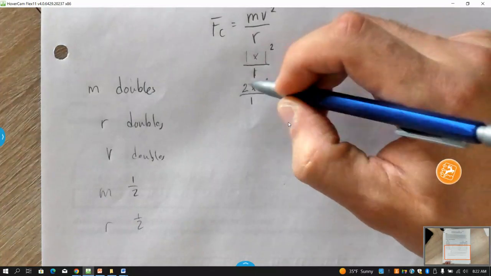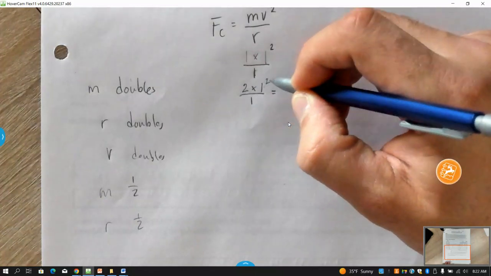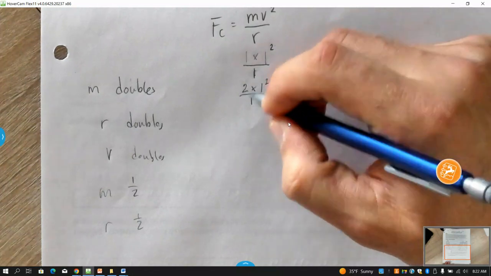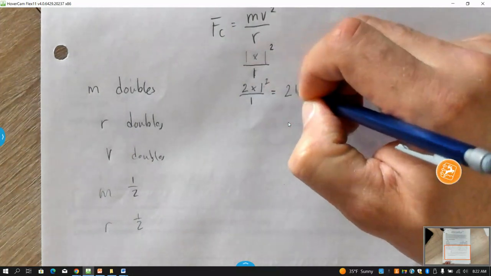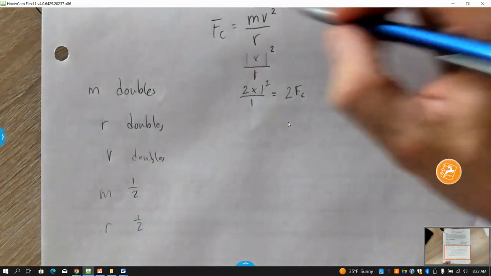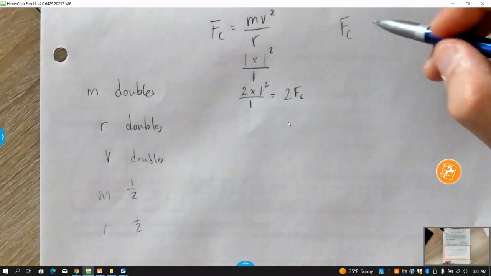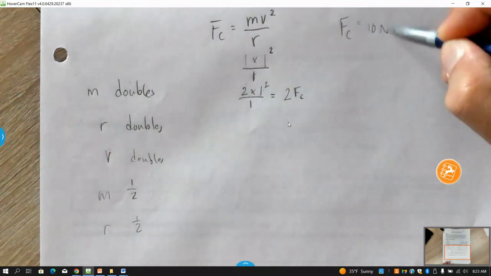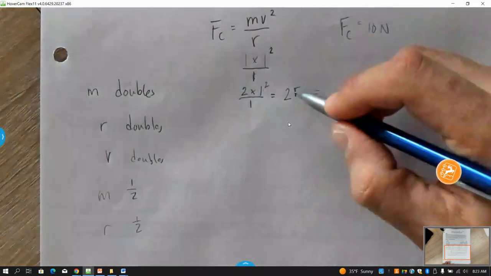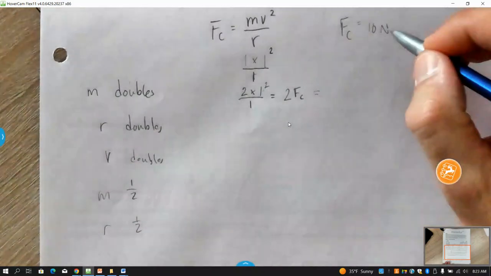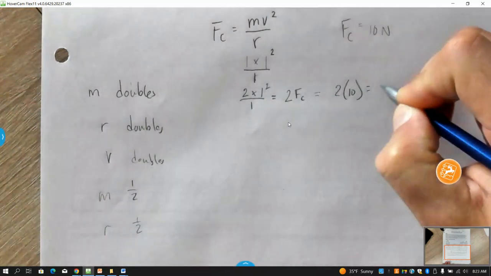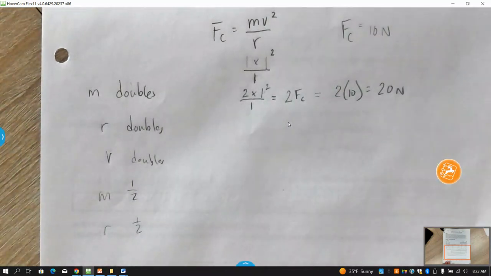Then you just work this math out. 1 squared is 1, and 2 times 1 is 2. 2 divided by 1 is 2 times the original centripetal force. Now, in that problem, they said the centripetal force was originally 10 newtons and the mass doubles. What would the new force be? You just substitute in 10 for Fc. So 2 times 10, the new force would be 20 newtons.